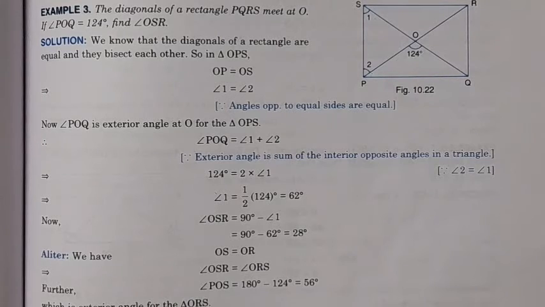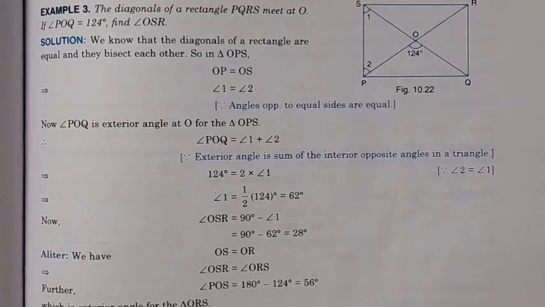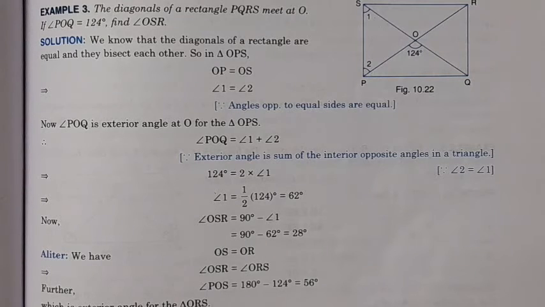Now, hope you all have understood this example. So similarly, we can do more examples like this. Hope you all have understood the topic. So, all of you are required to solve the questions.